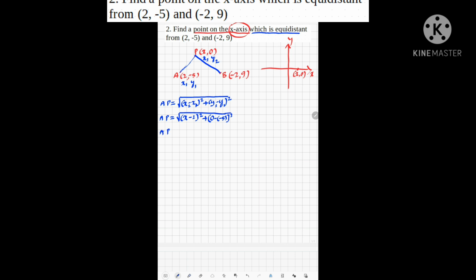AP is equal to the square root of (x minus 2) whole square plus, minus into minus is plus, 5 square.